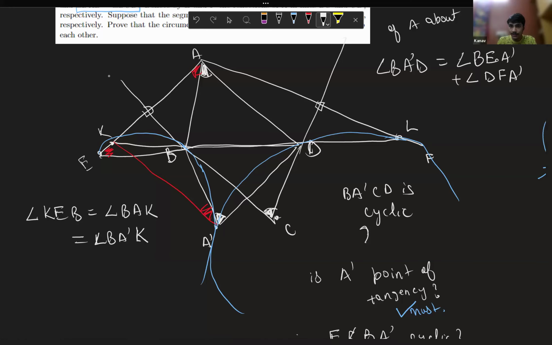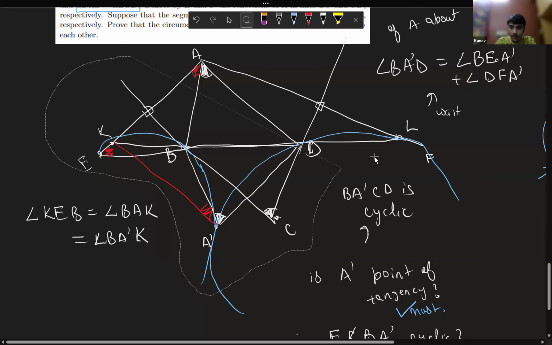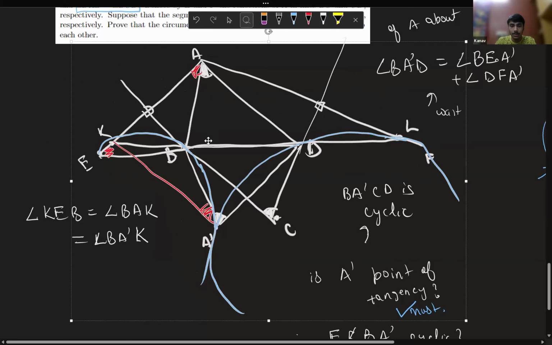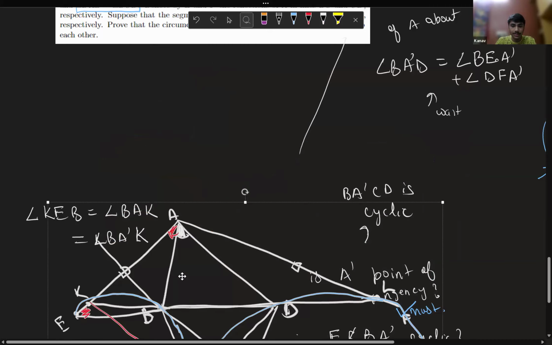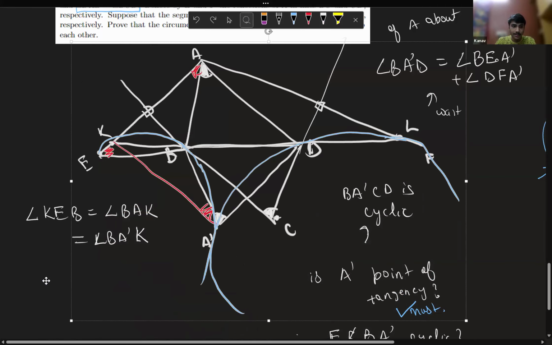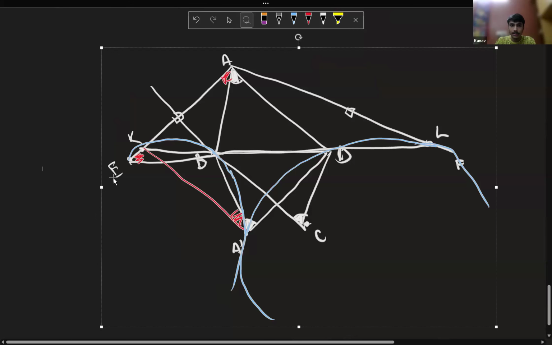Okay, we want this, right? Also, I'll take this diagram down. Wow, OneNote is smart. Control C. Great.